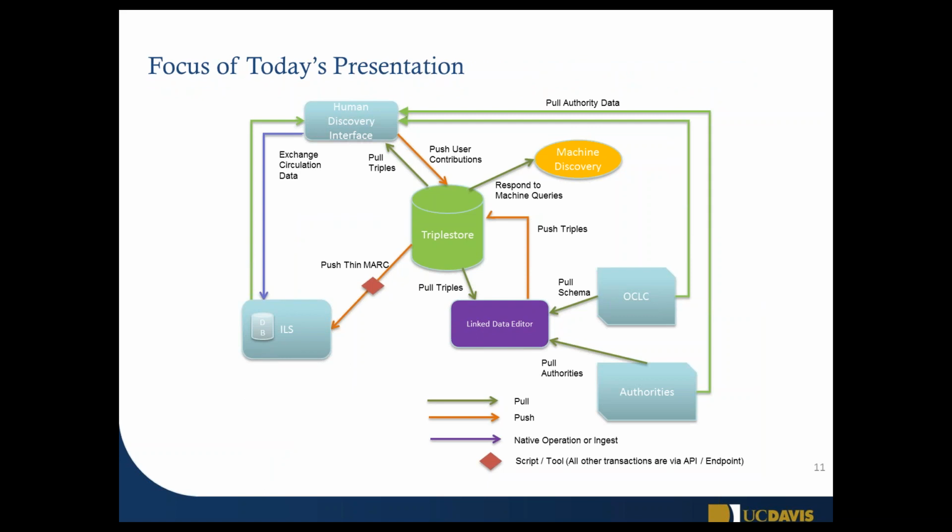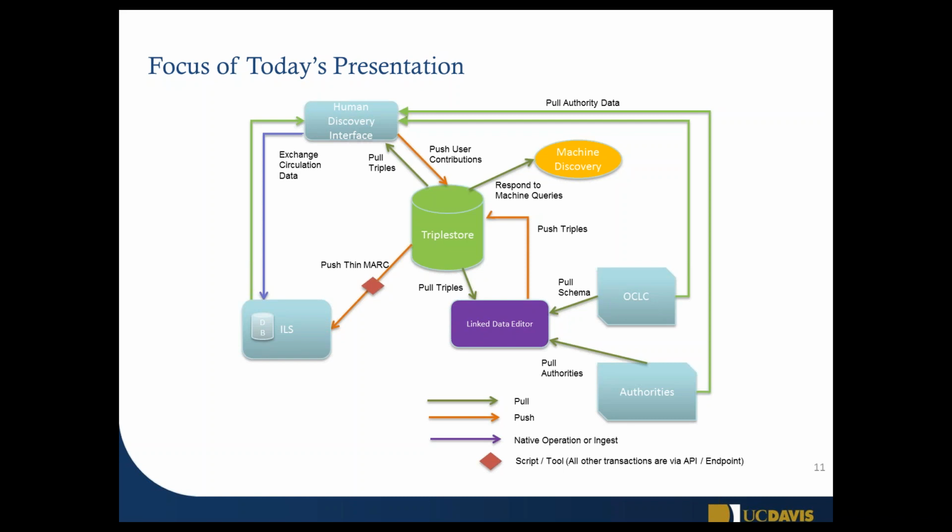So for today's presentation, I'm going to primarily focus on how using this ecosystem affects the cataloging workflow. As displayed on the screen, I still have a triple store there, and also a linked data editor underneath, and I have the integrated library system at the left side, and then I have other things.